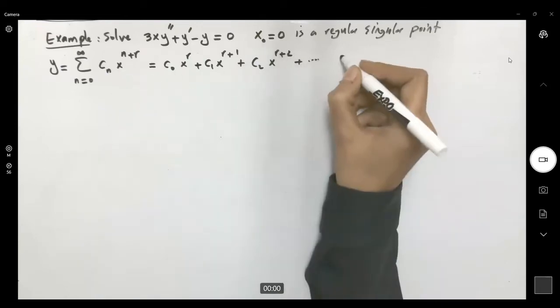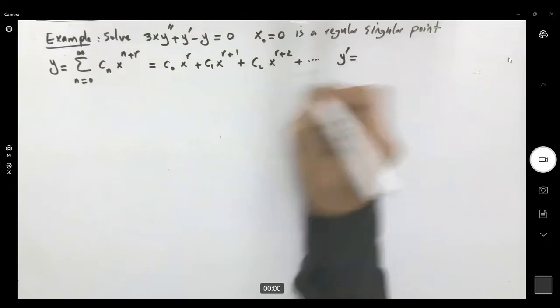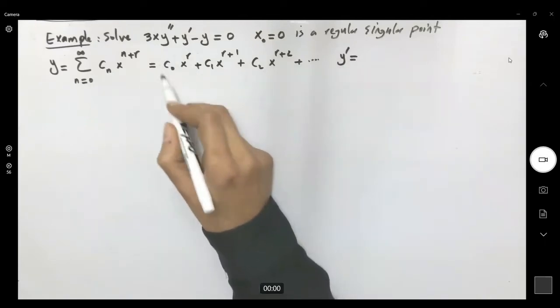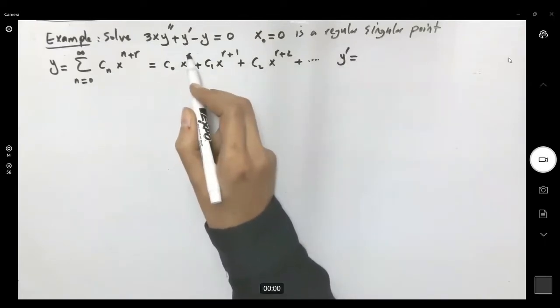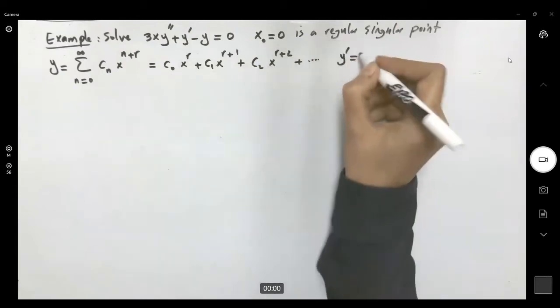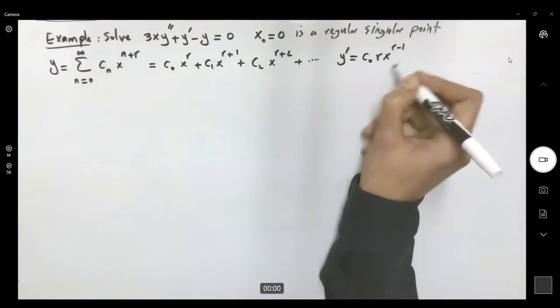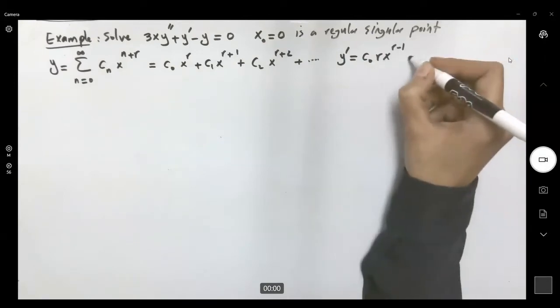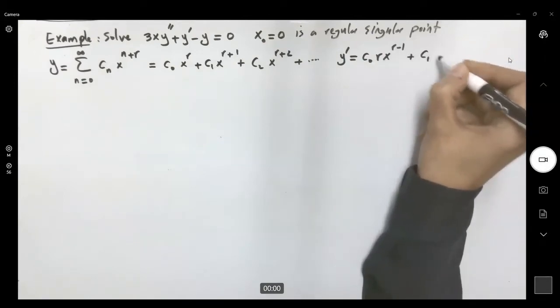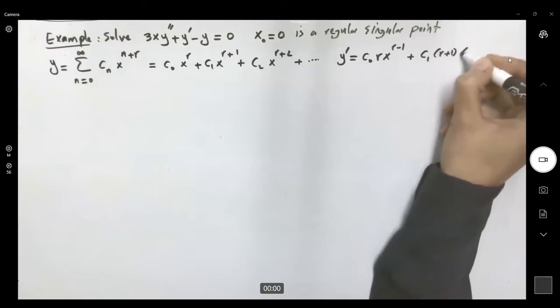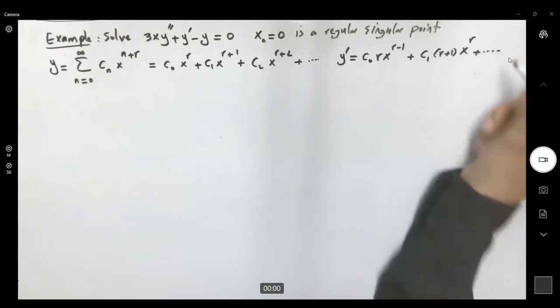So if I take the first derivative, it becomes c sub 0 r x to r minus 1. The first term does not vanish, plus c1 (r plus 1) x to r plus the rest of the terms.